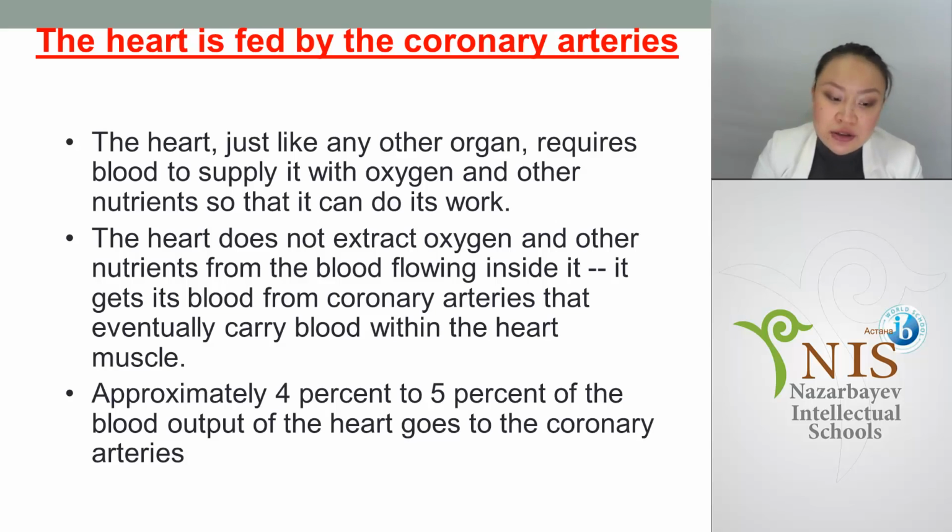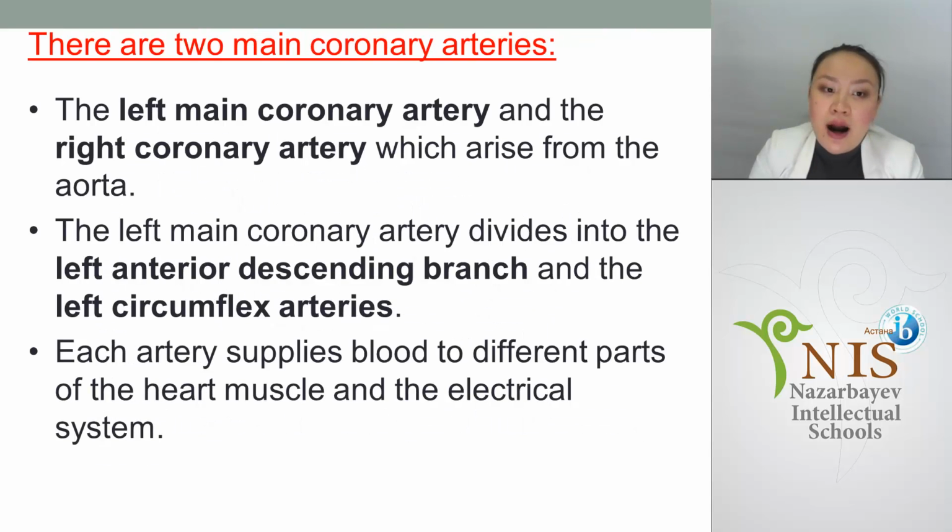Approximately 4% to 5% of the blood output of the heart goes to the coronary arteries. There are two main coronary arteries, the left main coronary artery and the right coronary artery, which arise from the aorta. The left main coronary artery divides into the left anterior descending branch and the left circumflex arteries. Each artery supplies blood to different parts of the heart muscle and the electrical system.